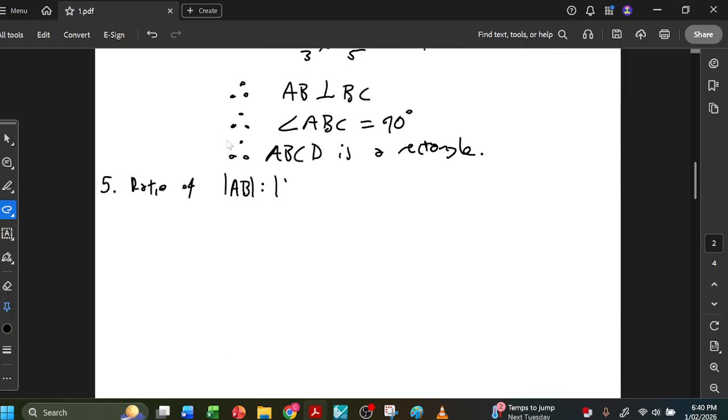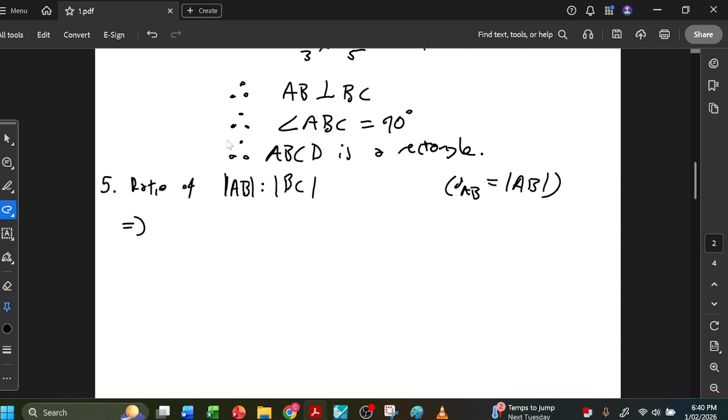So the notation I've used here, that absolute value sign, is basically the same thing as the distance between the two points. So the distance between A and B, we could write it like that. It means the exact same thing.